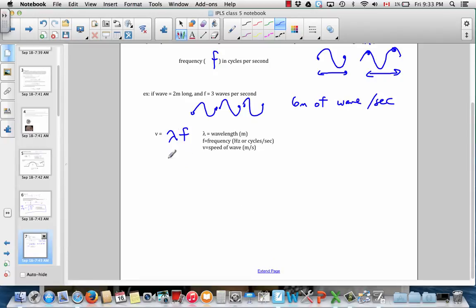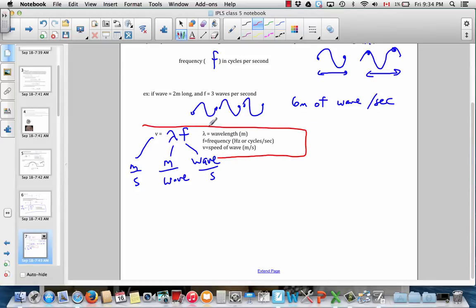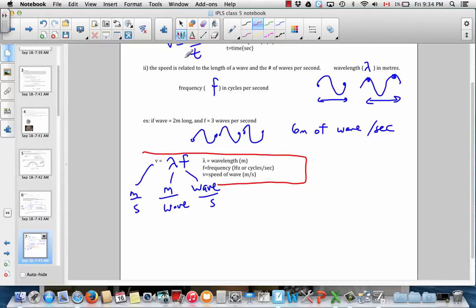If we check the units, lambda is the meters of length for a single wave, and frequency is the number of waves per second. Multiplying those together, you of course get a good unit for speed, meters per second. So which suggests that this is a good relationship. So these are basic wave properties.